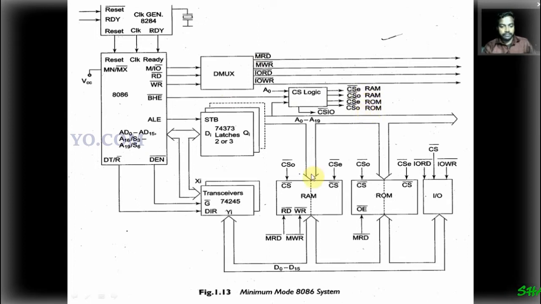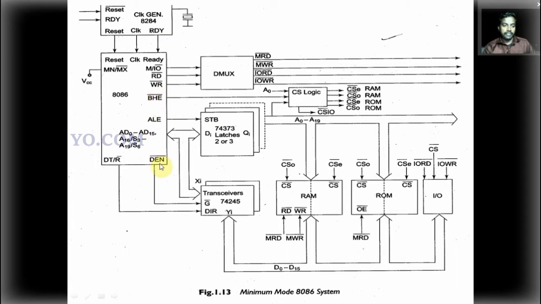Here we are using devices such as RAM, ROM, and IO. These are the external devices connected with the 8086 microprocessor in minimum mode. Here we are using a clock generator 8284. The clock generator provides the clock, reset, and ready signal to the microprocessor.